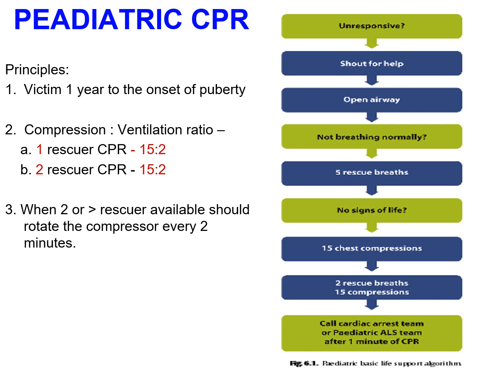After 5 rescue breaths, if there is no sign of life, such as the child is not moving and has no spontaneous breathing, immediately provide 15 chest compressions, followed by 2 rescue breaths. The chest compression to rescue breath ratio is 15:2. Repeat this for a duration of 2 minutes.